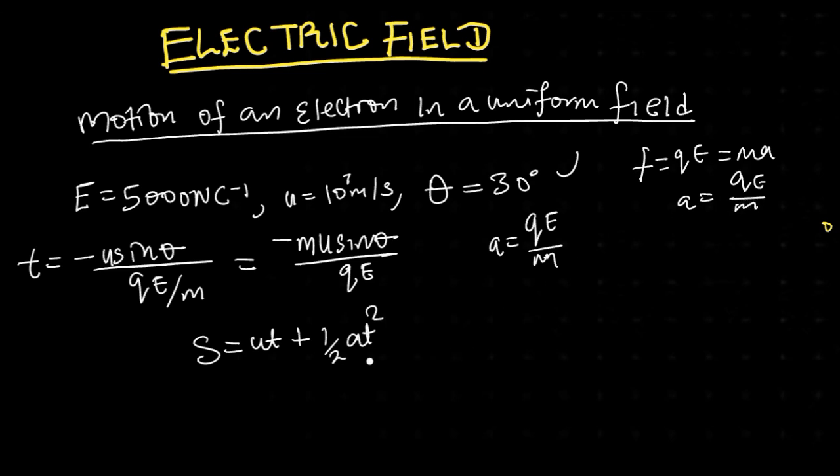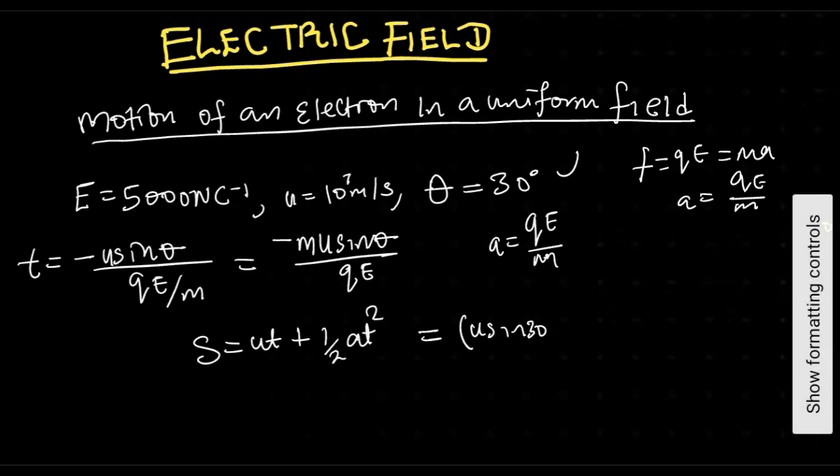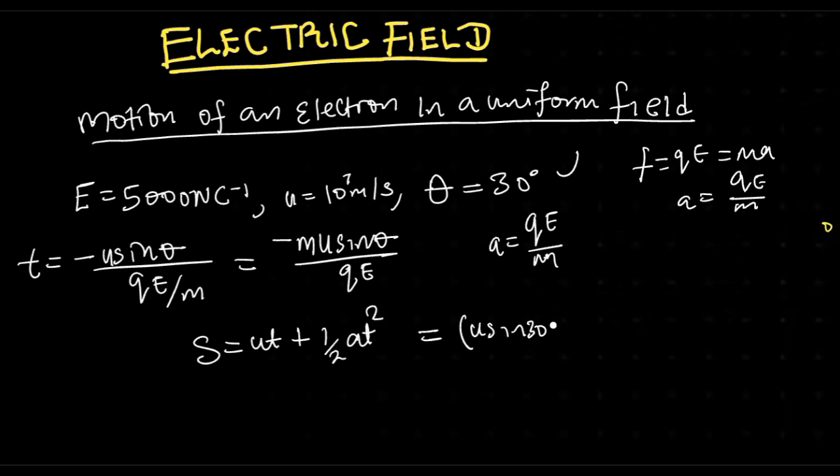So if this is true, substituting into these parameters, our u is u sine theta. We already know that. Let's just keep it simple first before substituting. Let's make it theta. So that is u sine theta.